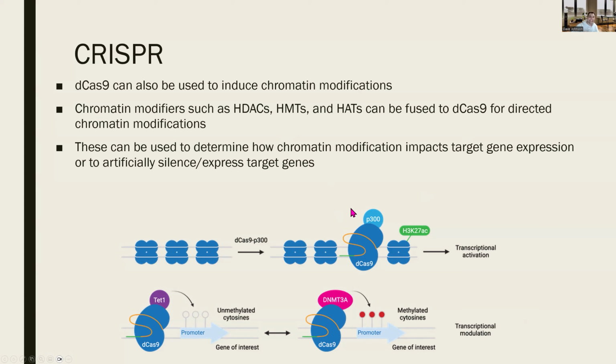Then when the dCas9 interacts with that specific promoter region that you've labeled with your guide RNA, it will then acetylate or deacetylate, methylate or demethylate. And then you can go, okay, what happens if we demethylate this particular promoter region? We get this expression pattern, which is also really, really neat.